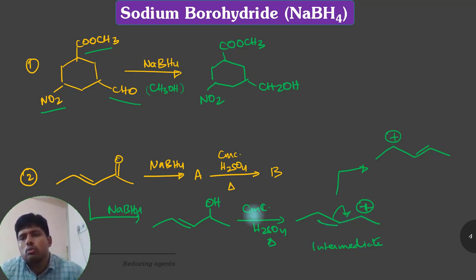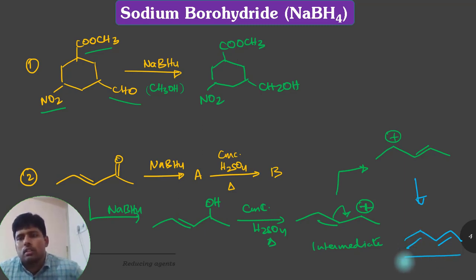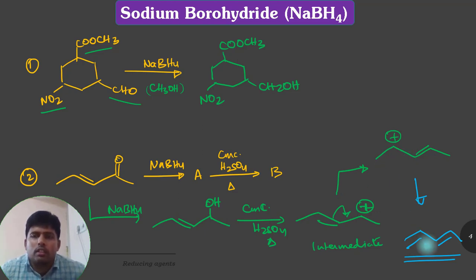If you look at these two structures, both are equally stable actually, and the final product will be an elimination product only. So it will be a conjugated diene like this. So this will be the product, because both the carbocations here are equally stable.